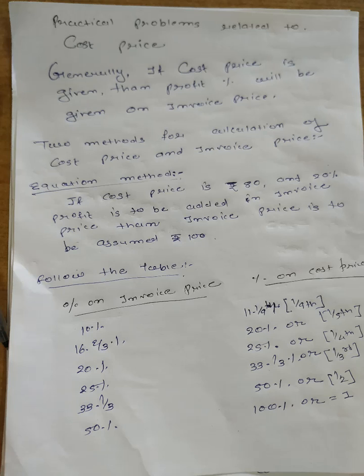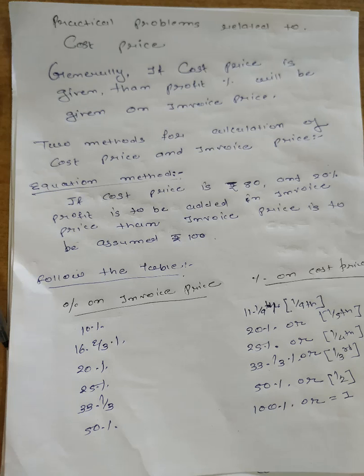The same for the 20%. If the profit percentage on invoice price is 20%, it is equal to 1 divided by 5. So on the cost it will be 1 divided by 4. Or if it is 1 divided by 4 or 25% on invoice price, it will be 1 divided by 3 on cost price.